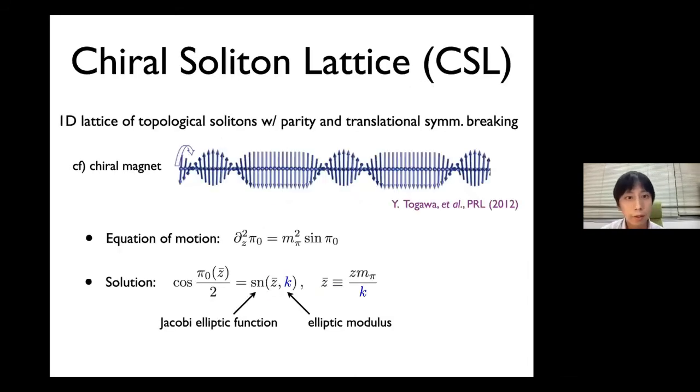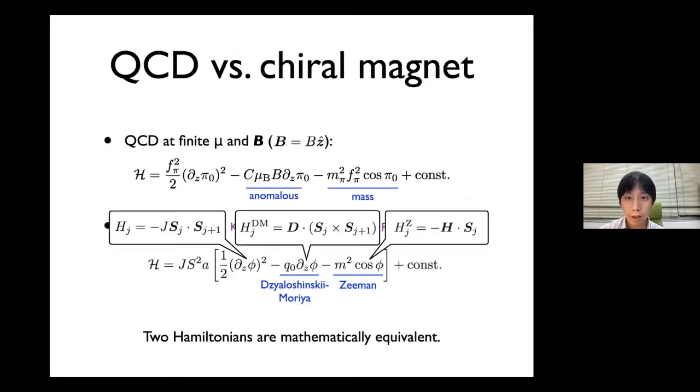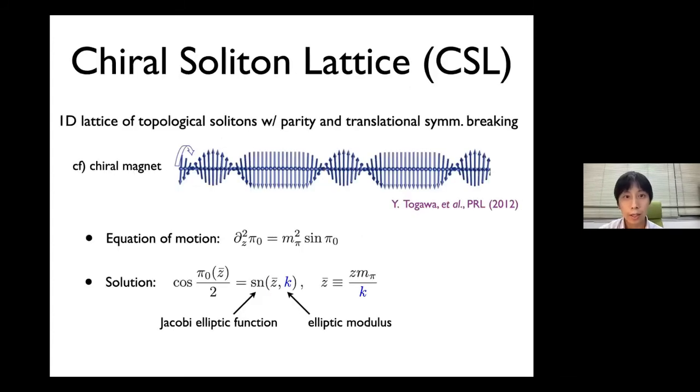So again, this is a figure of the chiral lattice, and the chiral lattice is the one-dimensional lattice of topological solitons, which breaks parity and continuous translational symmetry. And I want to explain why the ground state of this Hamiltonian has these properties.